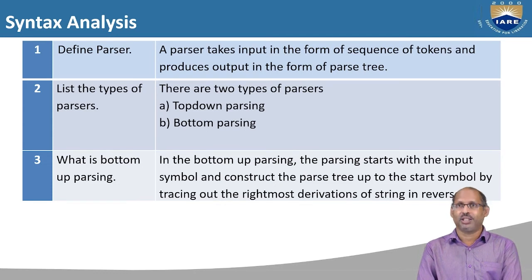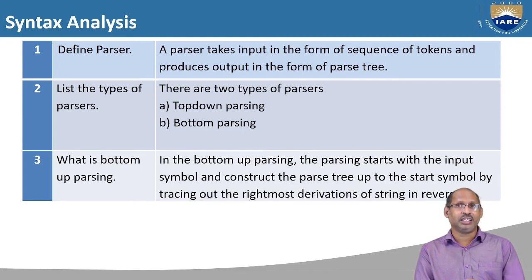Another one is the bottom-up parsing method. In this method, the leaves, the terminal symbols, are considered and matched with the right side of the productions so that they are replaced by non-terminals. Right? The terminals or leaves are replaced with non-terminals.